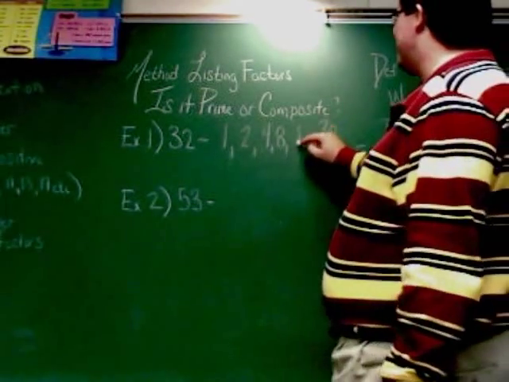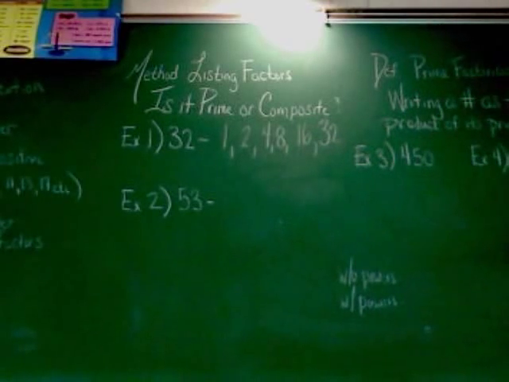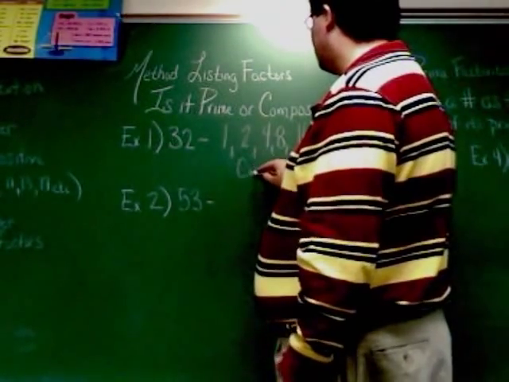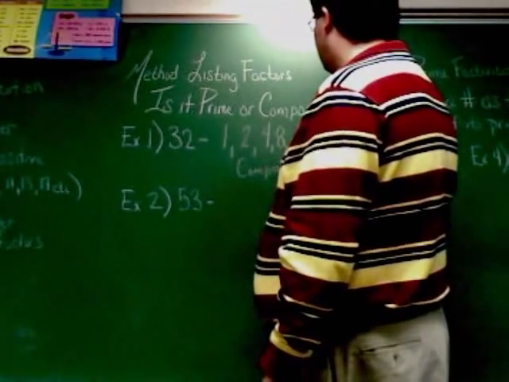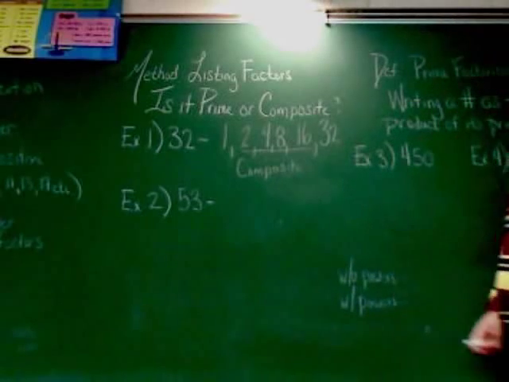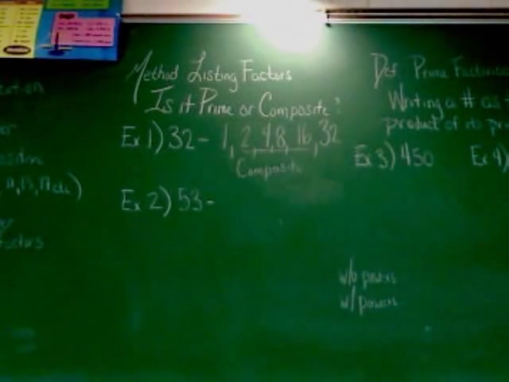Thank you. Those are all the factors of 32. Since there are numbers in the list other than 1 and itself, by definition that means this is a composite number. All these middle numbers here are basically what makes it composite.